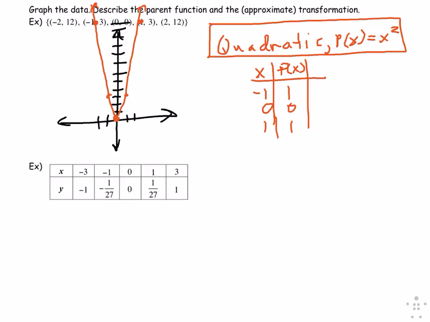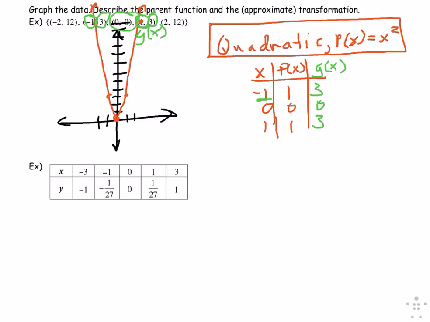And then we have the transformed graph. Let's call this g of x. Well, when we substituted in -1, we got 3. When we substituted in 0, we got 0. And then when we substituted in +1, we got +3.